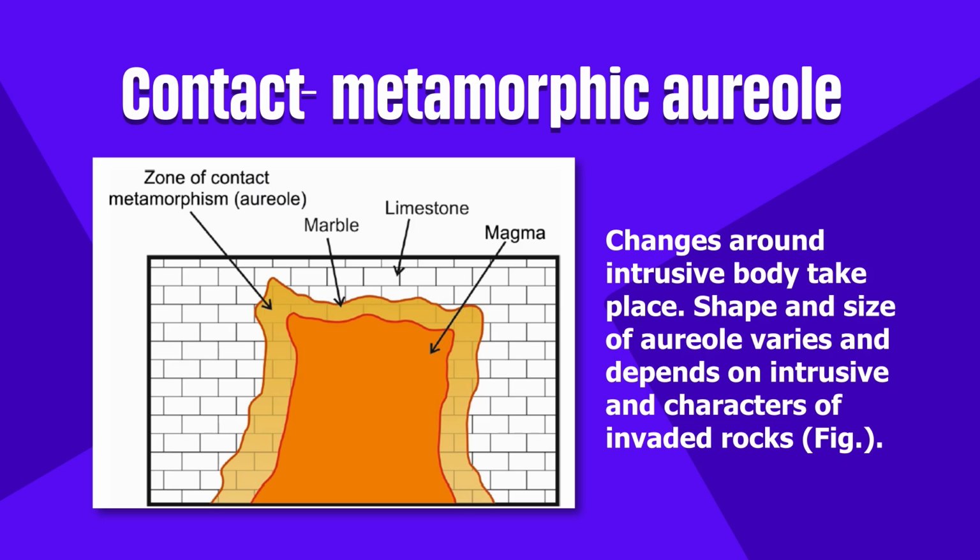Here you have a central magma shown in orange color, and surrounding this magmatic body you have a yellow colored zone of contact with marble rocks, limestone and marble, which get a baking effect. They show a lot of baking effects in the carbonate rocks.